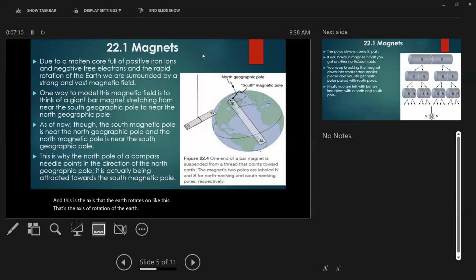Now, it turns out at this time, the year 2022, the south magnetic pole is actually up here near the north geographical pole, and the north magnetic pole is actually down here near the south geographical pole. So it's like this.